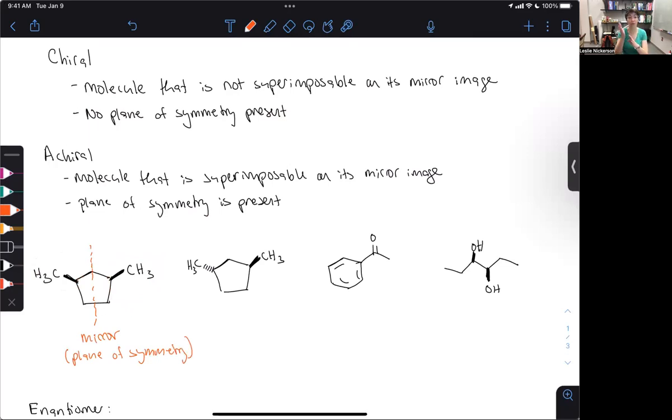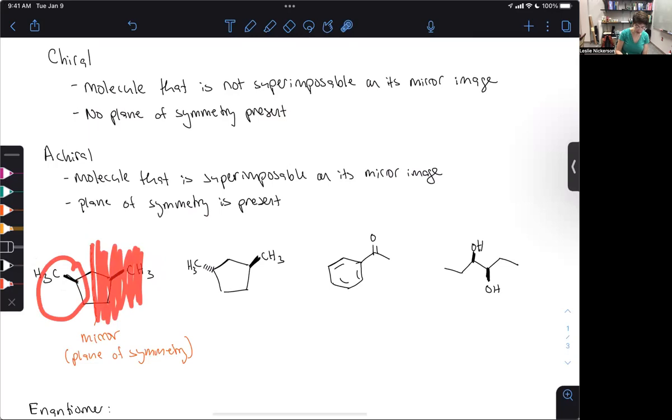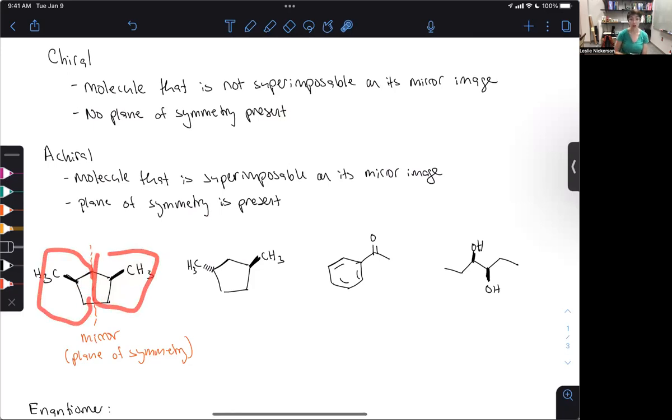And again, we're looking for a perfect reflection, essentially. If you think about not being able to see this, and you just reflect that side onto the right-hand side, it should look exactly the same, and that does. So this looks exactly the same as this. So that tells us we've got a mirror plane there. So if we've got a plane of symmetry, it is going to be achiral.